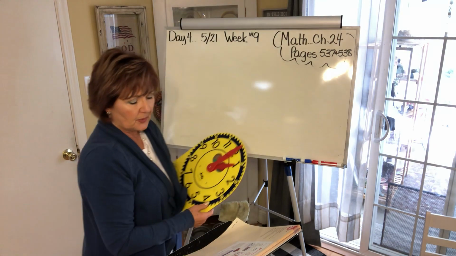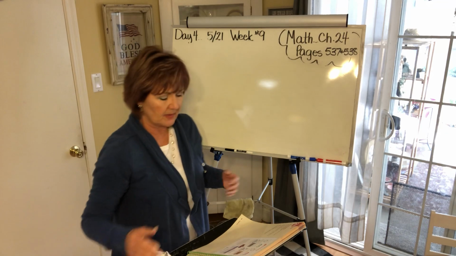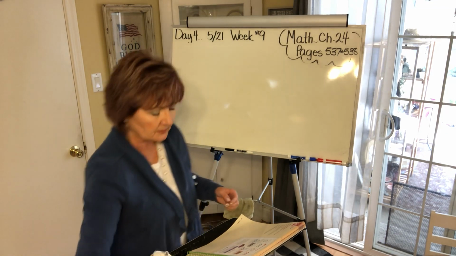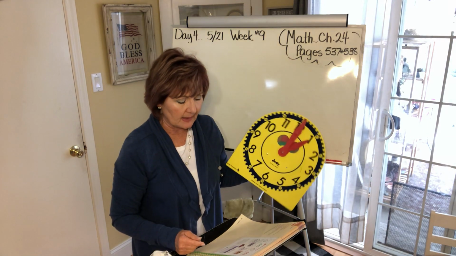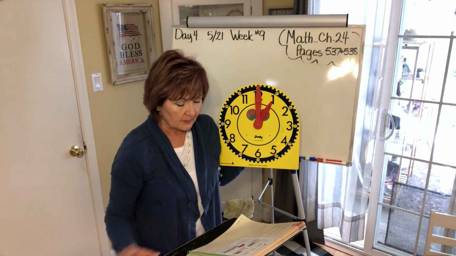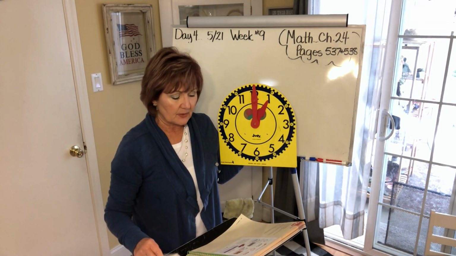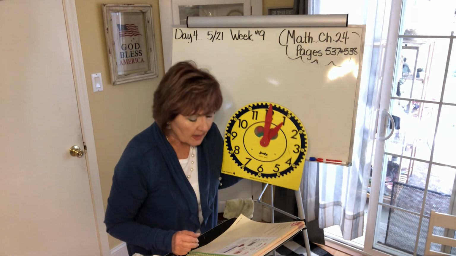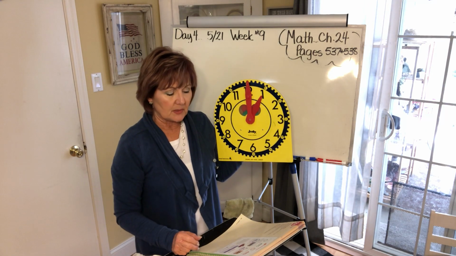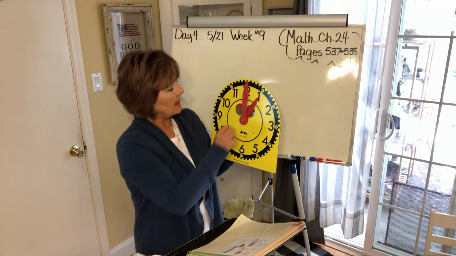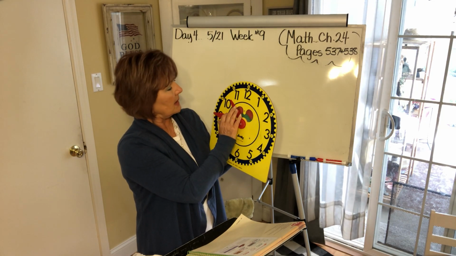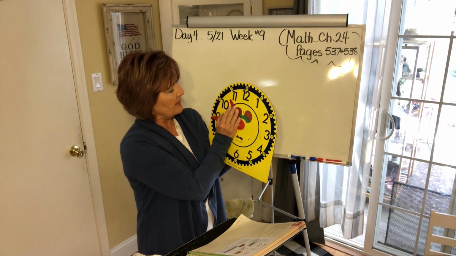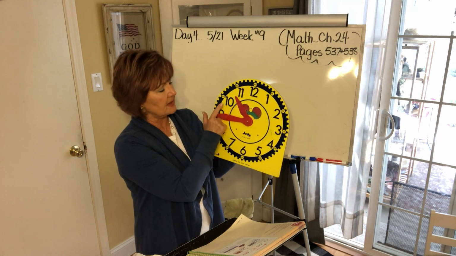And for number 3, it asks you to write the time and then circle AM or PM. Okay, so you're playing at the park. Must be on a Saturday, or if it's at school, it would be recess time. And the hour hand is creeping toward the 11, so it still belongs to the 10, right?